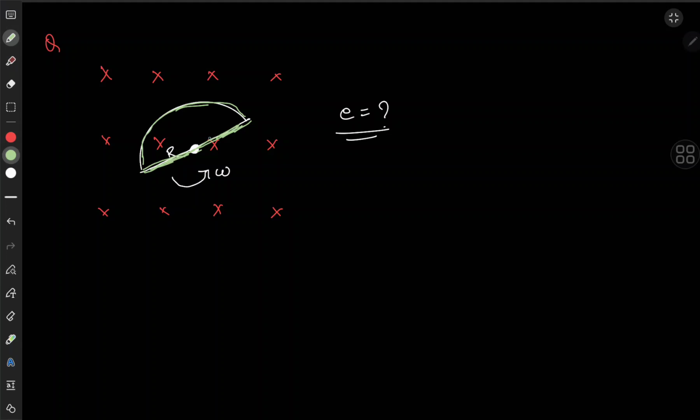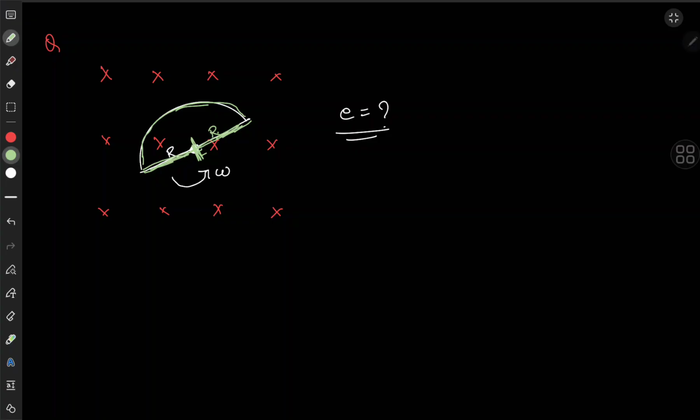That means here R and here also R is there. So in this point it is pivoted and it is rotating here. Any number of rods are there, so the induced EMF for a single rod is the same amount of induced EMF induced in this setup also.